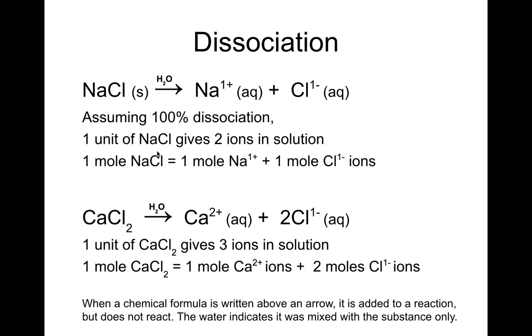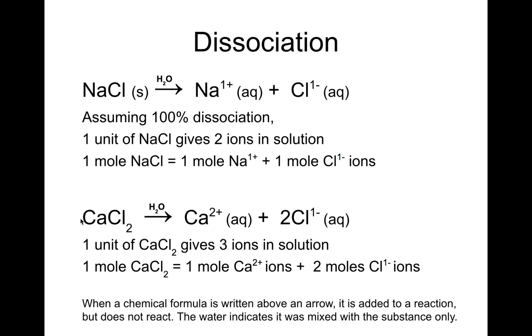Each unit of sodium chloride will give us 2 ions in solution. We could also say that 1 mole of sodium chloride is equal to 1 mole of sodium ions and 1 mole of chloride ions.